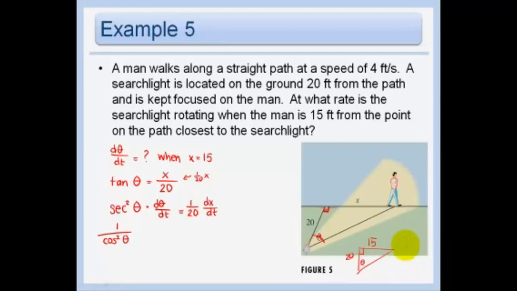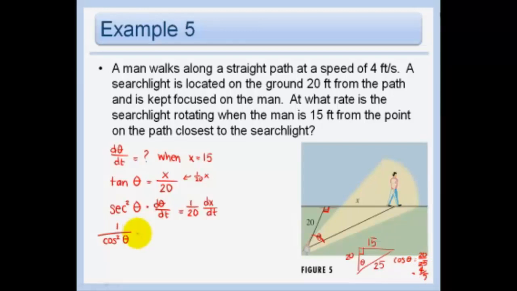So we have 15, 20. Look, we have a 3, 4, 5 yet again. So they're not making that part very hard for us. So the cosine of theta here would just be adjacent over hypotenuse, 20 over 25, or 4/5.